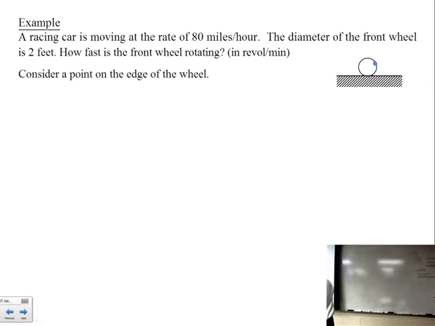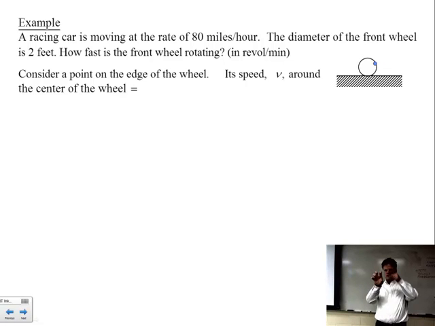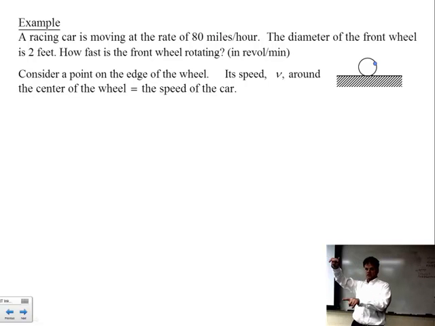So let's consider a point on the wheel. What is its linear speed if you fix the center of the wheel? If you just look at the center of the wheel, and you move along with it, what's the linear speed of this point? Well, you'll notice the linear speed of the point is the same as the linear speed of the car. The reason is because think of when the point actually hits the pavement. Relative to the road, the point is still. It's at rest. Its speed is 0.